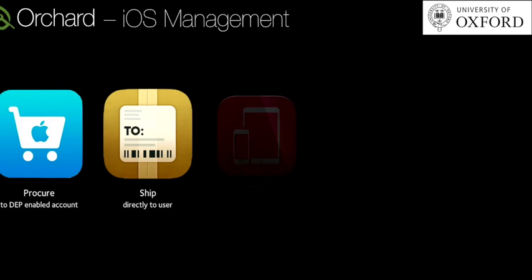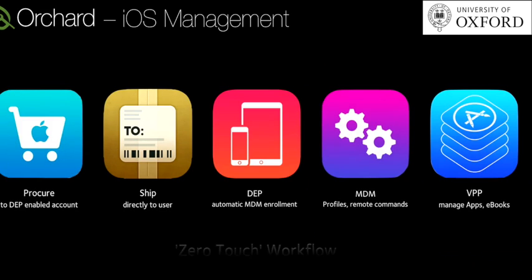So this is the workflow we use, mainly developed and implemented by Chris. We procure devices. For one of the schools, we did this several years. They decided that they're not too expensive, the iPads. So we procured devices to a DEP-enabled account. They were handed out directly to the end users.